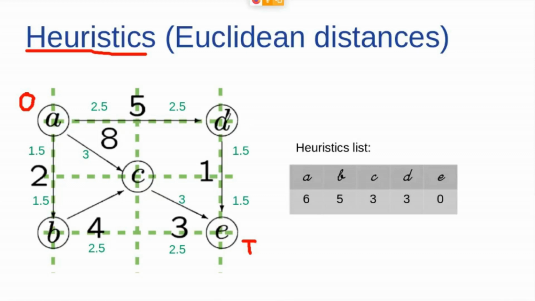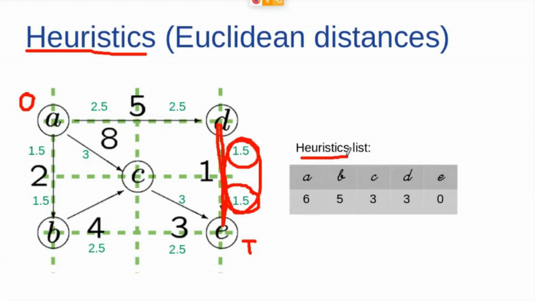Let's say D, for example. D is this far from the target node. What do I mean with this far? Here, I have a distance of 1.5 and 1.5, as you can see here. So if we add this length in here, we have a total distance of 3.